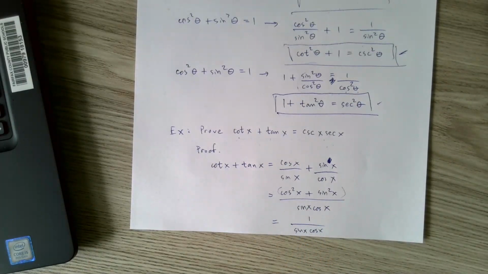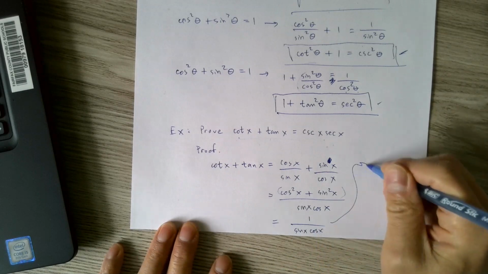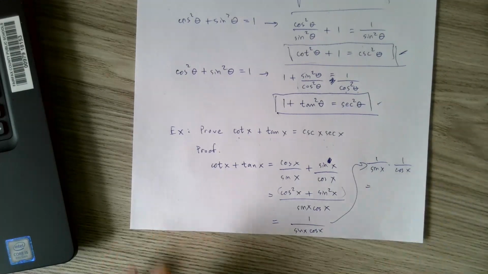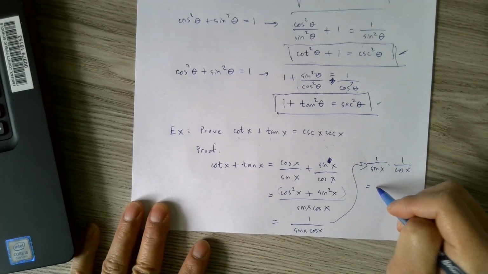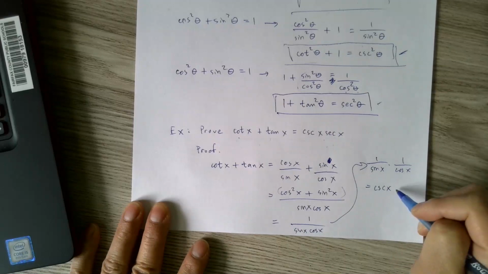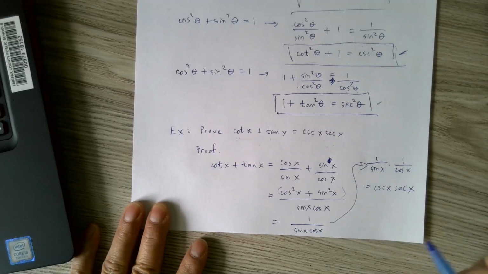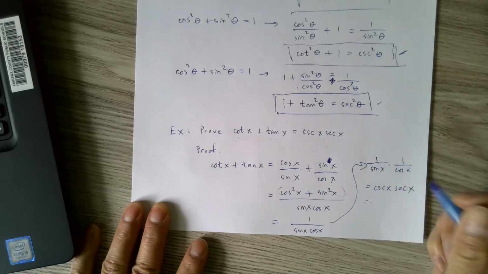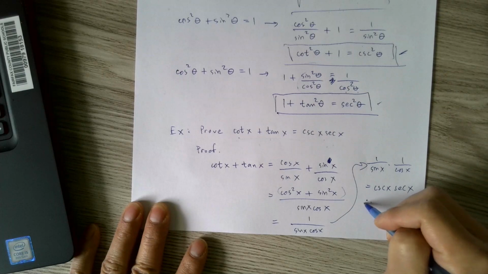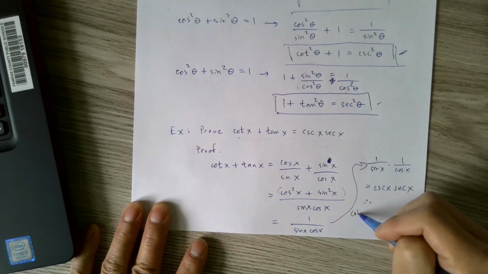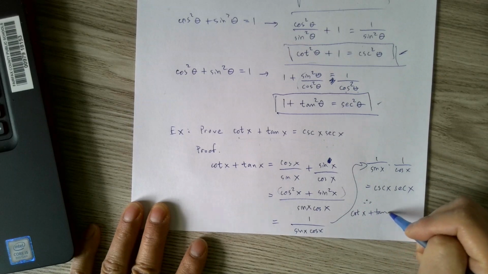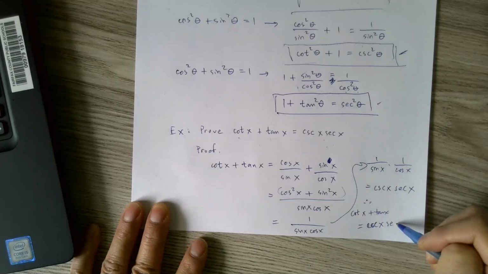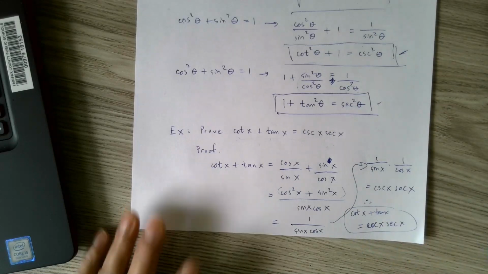How convenient. So I get this, which I can write as 1 over sine times 1 over cosine, which I can then in turn write as cosecant x times secant x. And if I'm being really, really proper, I'd say therefore cotangent of x plus tan of x equals that, and it's proven.